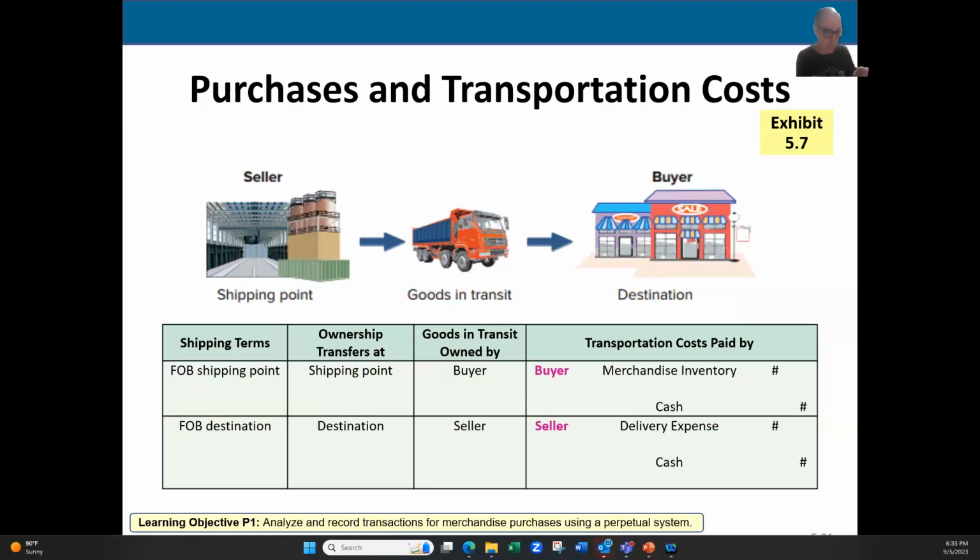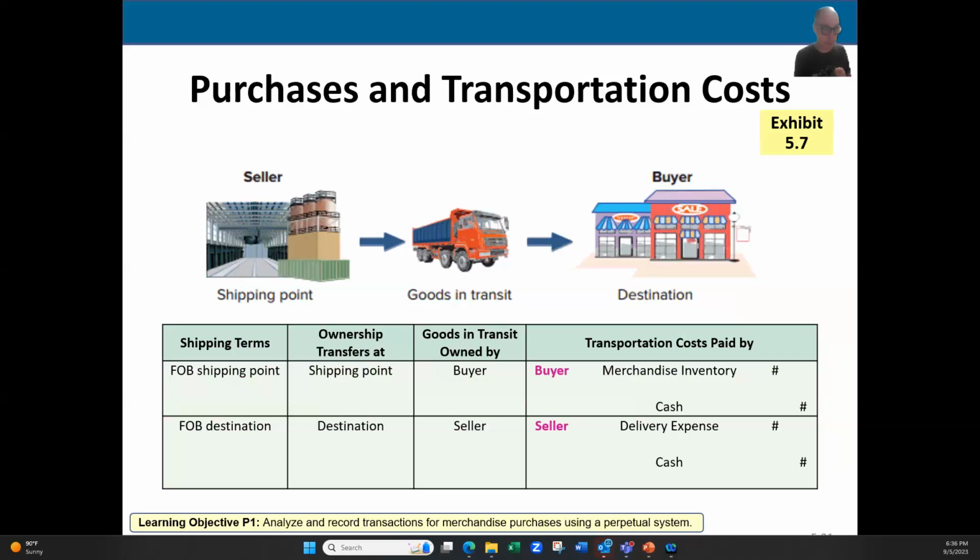And that also means that the seller is ultimately responsible for the shipping. They have to pay the shipping cost, and they're also responsible for the insurance while it's in transit. So for free on board destination, the shipping cost is paid by the seller, and it looks like this. They debit delivery expense. It's just an expense. Shipping expense. And they credit cash.